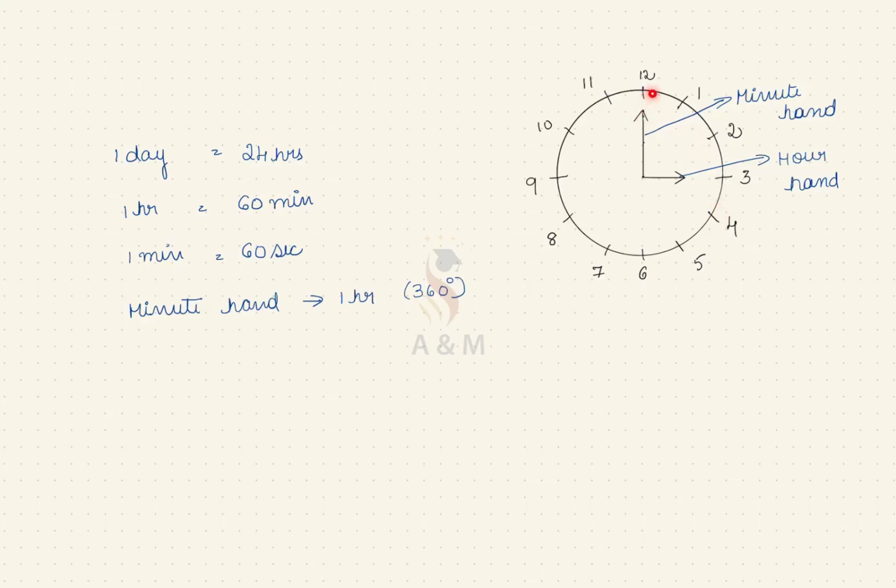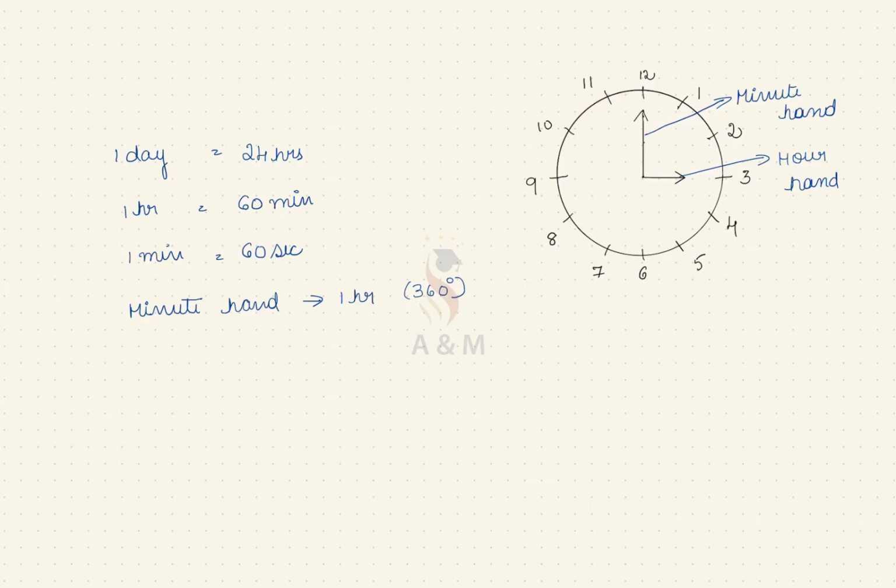So here it will be 1 minute, 2 minute, 3 minute. So this is 5 minute, 10, 15, 20. So like this, when it reaches this position, it is one circle. That is nothing but 360 degree. Right. So your minute hand takes 1 hour to form a 360 degree or to rotate one circle.